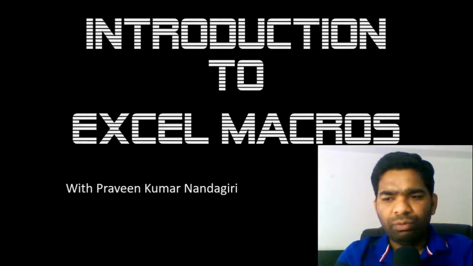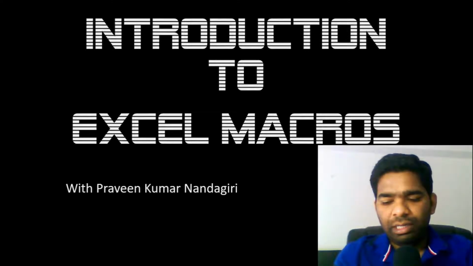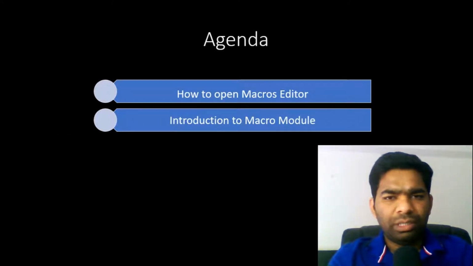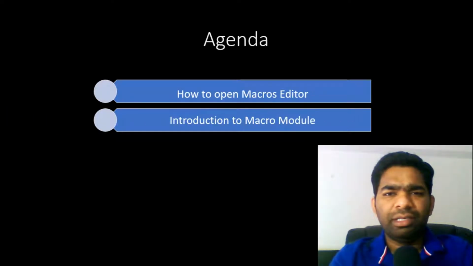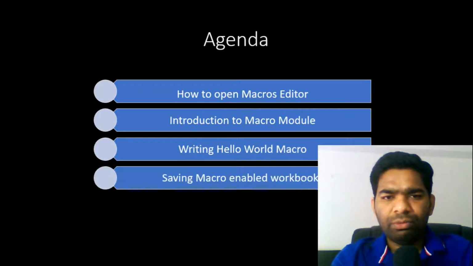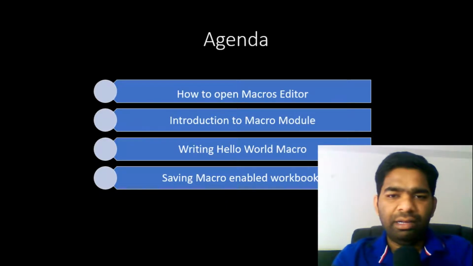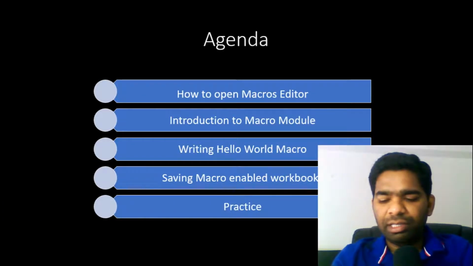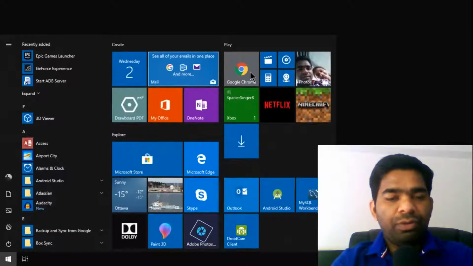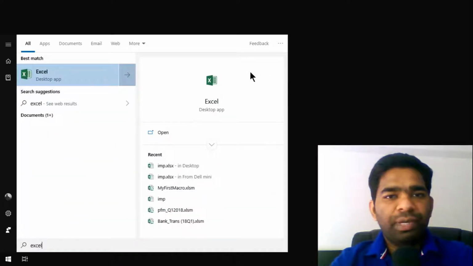In this video we will get to know quickly how the VBA editor is accessible in Excel, and how to access different modules available in the editor, and then writing a simple hello world macro, and then saving the macro enabled workbooks, how they work differently than a standard workbook, and finally a couple of practice sessions. Okay, so let's jump into Excel.